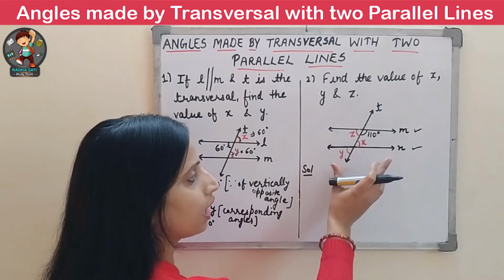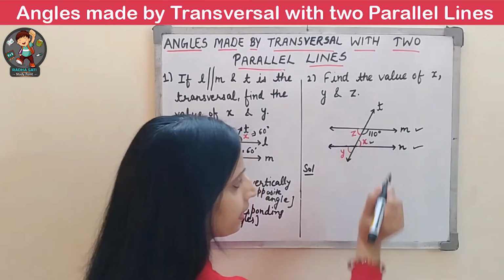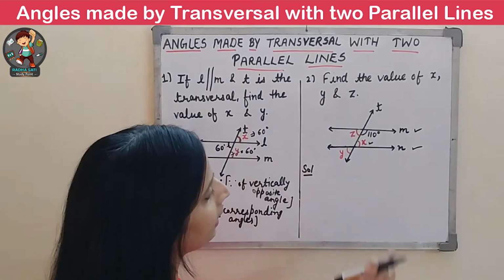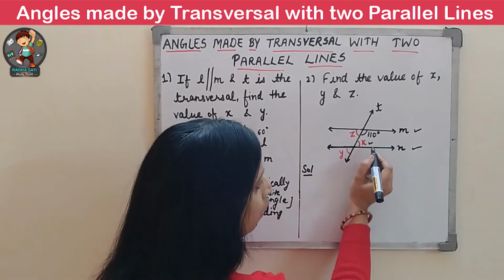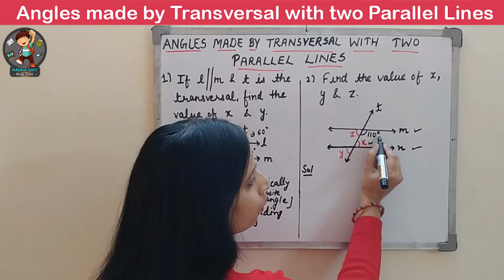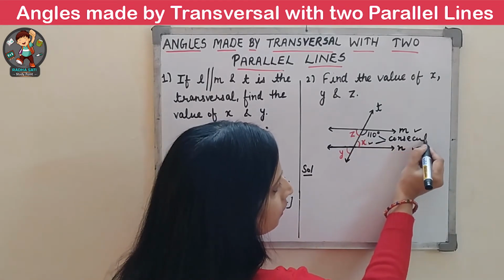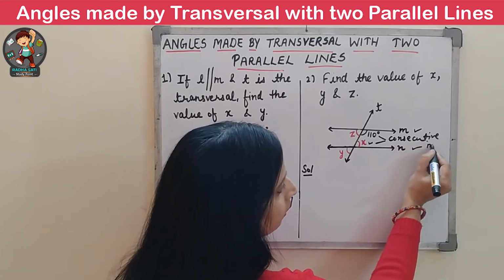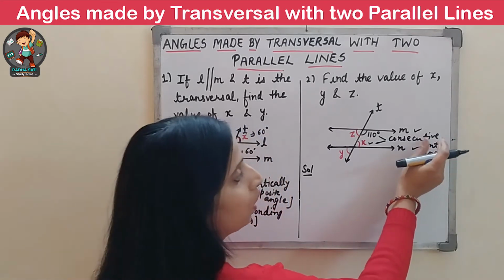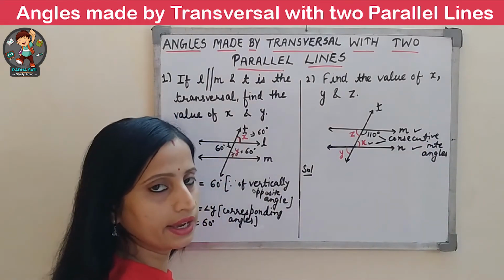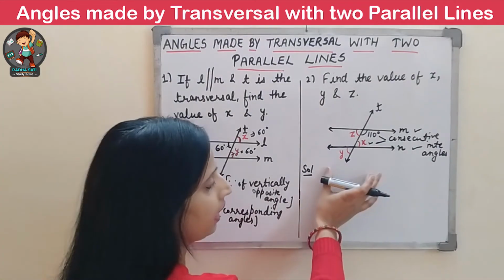We can start from any angle, so let us start with angle X. Angle X and this angle are consecutive interior angles, and consecutive interior angles are always supplementary.